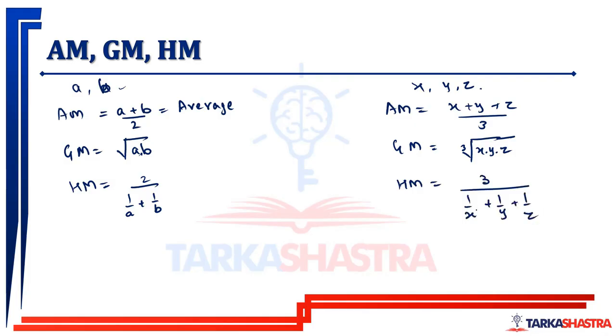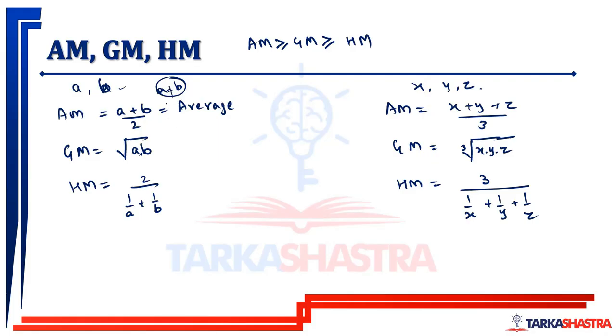Now, arithmetic mean will always be greater than or equal to geometric mean, which will always be greater than or equal to harmonic mean. Now, when will they be equal? When the values are equal. So when A is equal to B, your arithmetic mean will be equal to your geometric mean and equal to your harmonic mean.